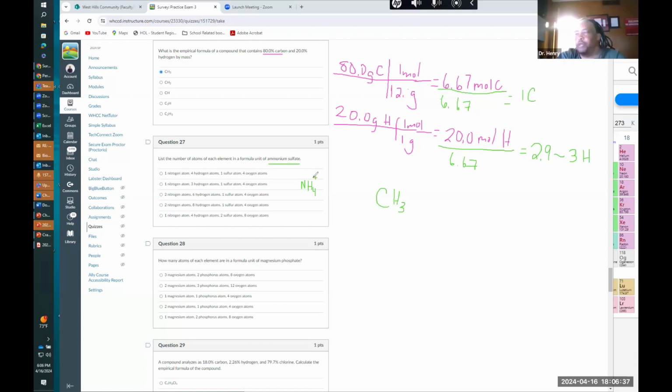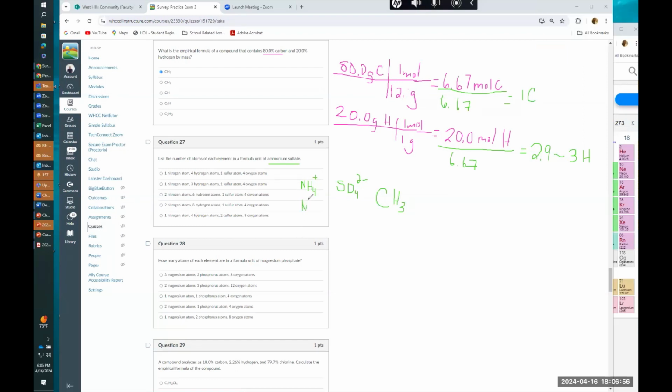And we know sulfate because we did that one earlier. That was SO4 and then the 2 minus.